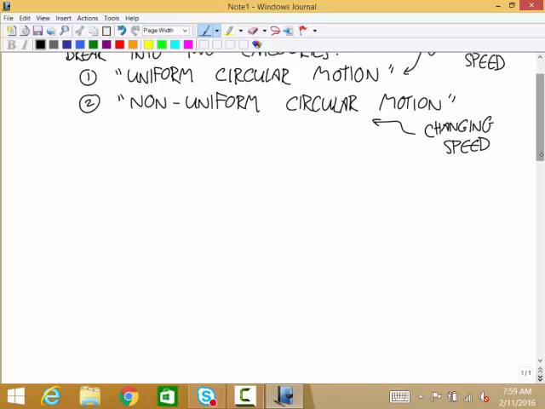So here's what we're going to start with. Velocity and acceleration can seem complicated in circular motion.